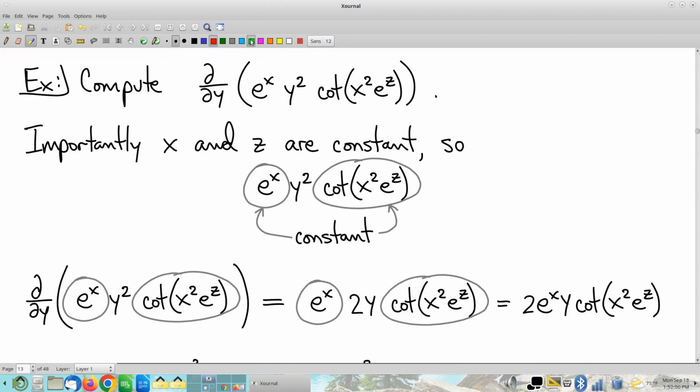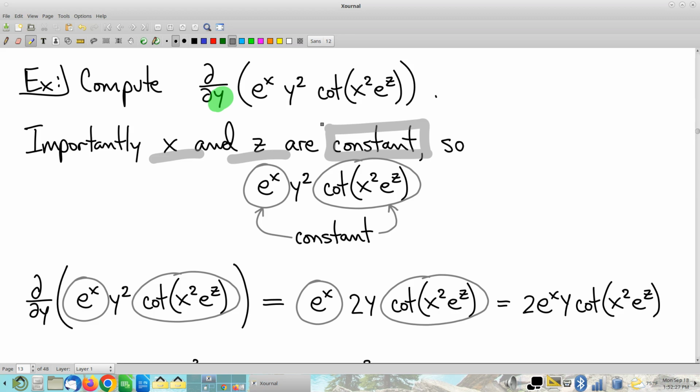We're going to take a partial derivative with respect to y here. Now keep in mind the deal when you take a partial derivative. The other variables, x and z, are to be viewed as constants. So if you look at this thing that we're going to take a derivative of, at first glance it's pretty scary looking. Multiple factors, there's a composition in one of the factors. It looks pretty annoying.